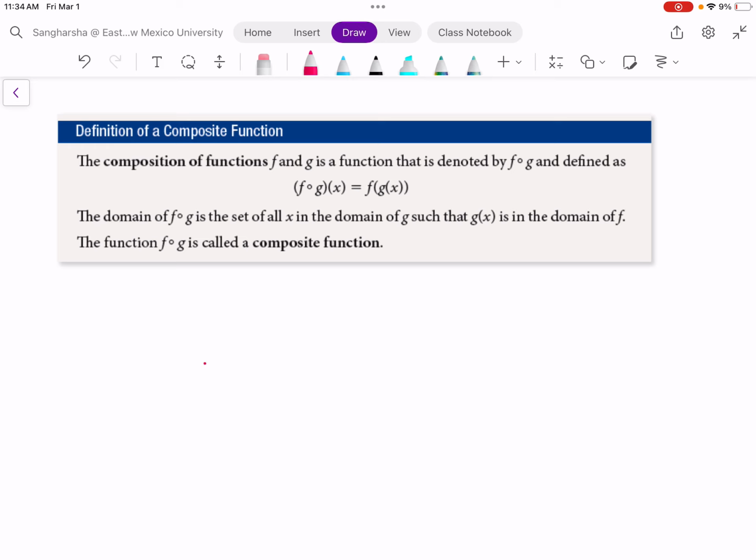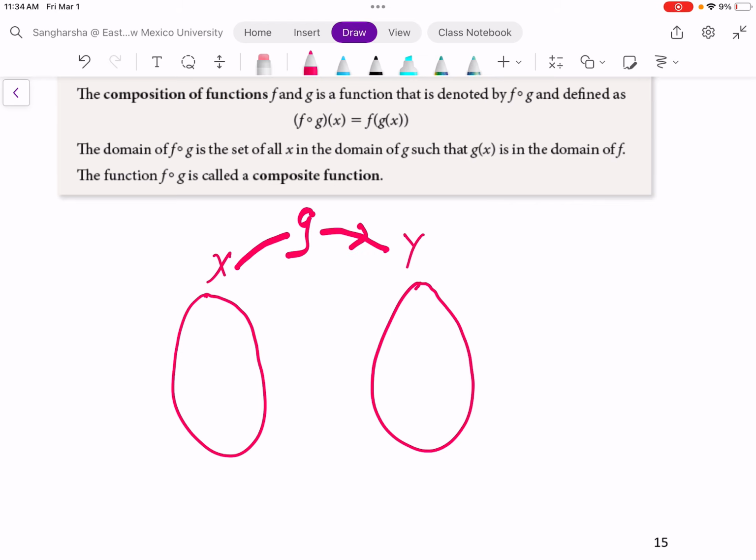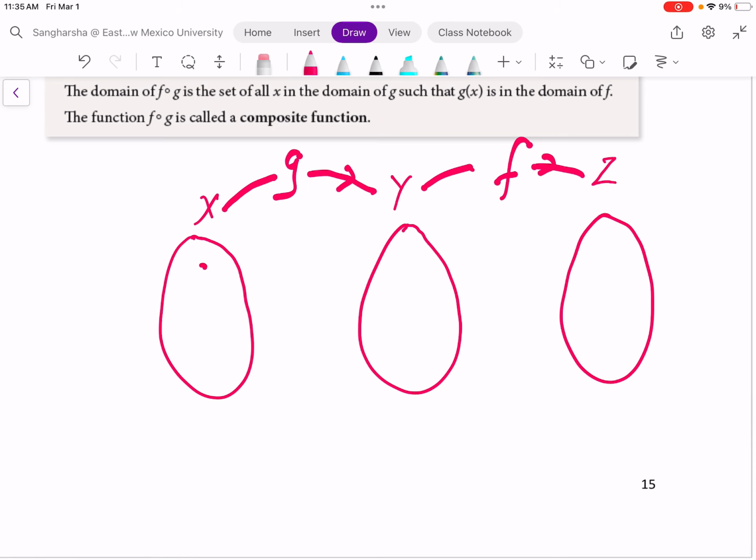Let's consider we have a set X and a set Y, and a function g from set X to set Y. And we have another set Z, and a function f from Y to Z. So g is a function from set X to Y, f is a function from Y to Z. We have A, B, C here, and 1, 2, 4, 5.